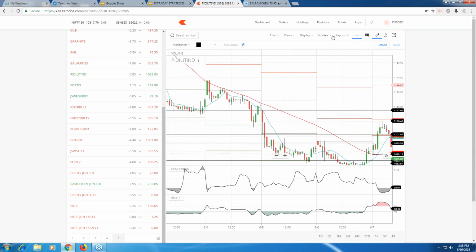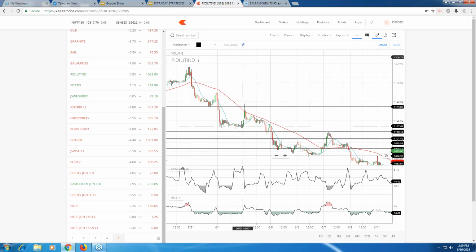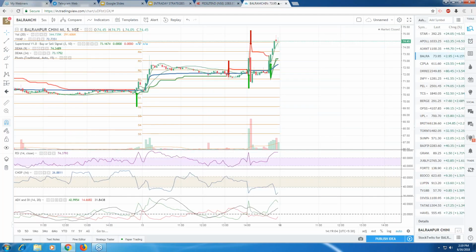So what is important is that you should be able to identify the good stock. How do you identify the good stock? That's the question. And as I told you, you get the good stocks over here. In TradingView live, you will see which stock has opened with a 1% gap up opening. You scroll down and see which one is around 1.5 to 1%.